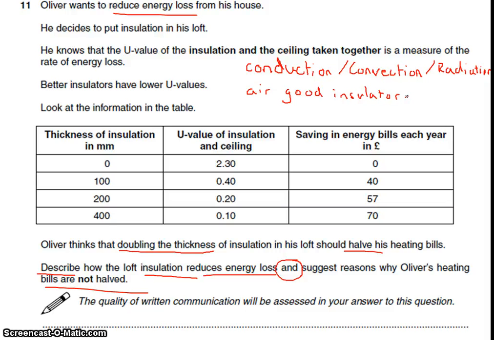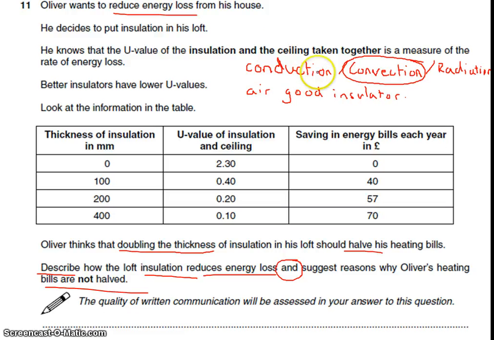You can then go on to explain a little bit more. So the trapped air in the insulator specifically reduces heat loss by convection, because the air is not free to move around, and so it doesn't lose heat so well in this way. Air is a poor conductor, so it doesn't tend to lose it very much by conduction.